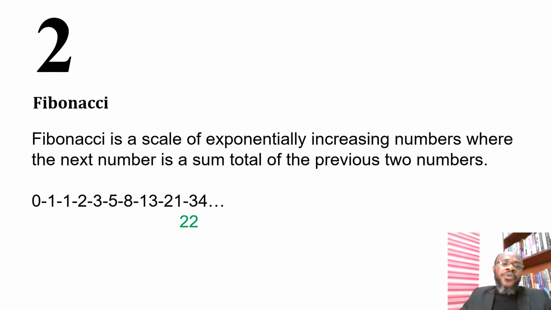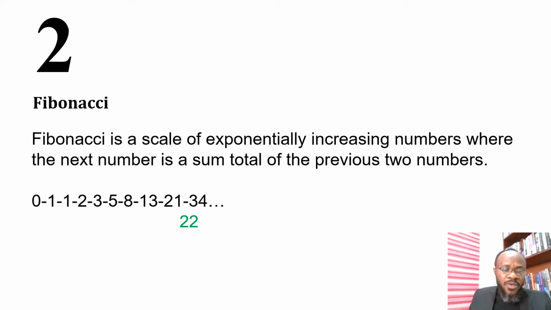In Agile project management, Fibonacci can also be used to estimate the degree of complexities that exist in user stories. So we say Fibonacci is a scale of exponentially increasing numbers where the next number is a sum total of the previous two numbers.